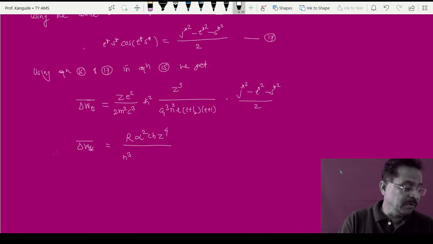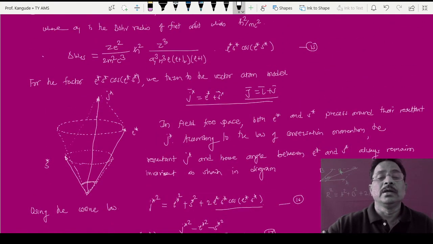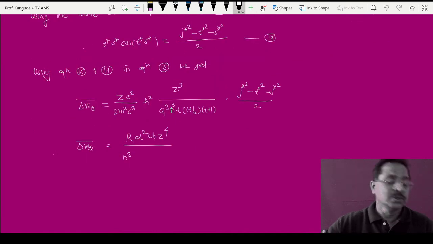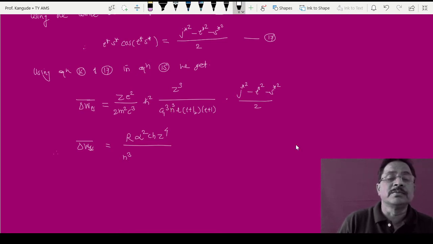I think we missed this everywhere earlier, since we have written equation 15 with N cube there, so here it is also N cube. Then it is multiplied by L into L plus half into L plus 1, multiplied by J star square minus L star square minus S star square.